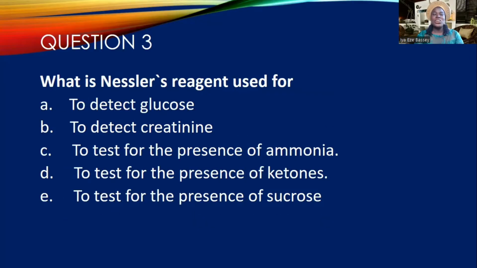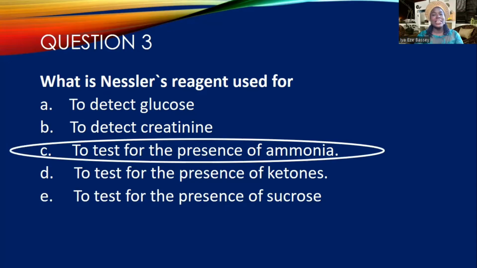All right. So question 3, what is Nessler's reagent used for? It's certainly not used to detect glucose, certainly not used to detect creatinine. It's not used to detect the presence of ketones. If you had watched the part 1 video, you'll see that you use the keto sticks or the nitroprusside reagent, Rothera's mixture, to check for ketones, and it's certainly not used to test for sucrose.